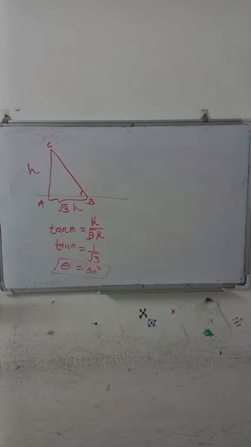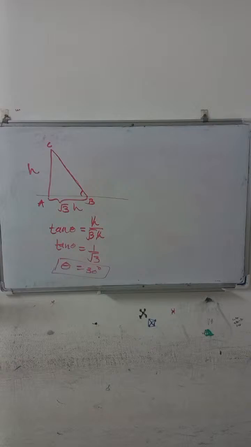The ratio of the length of a TV tower and its shadow is √3:1.